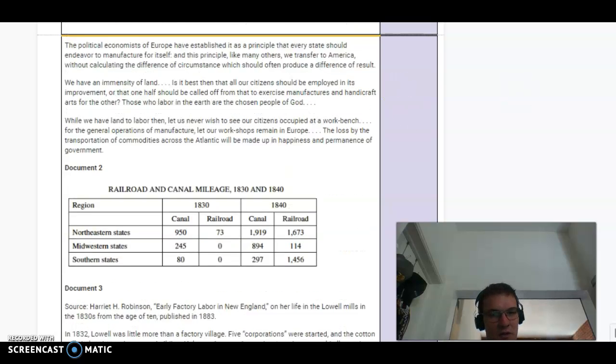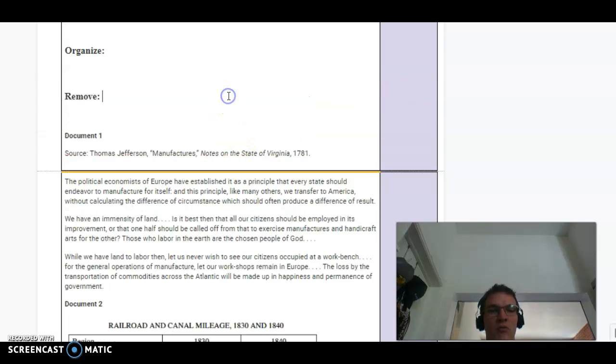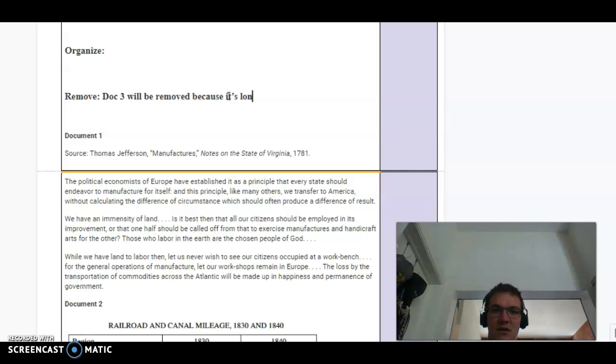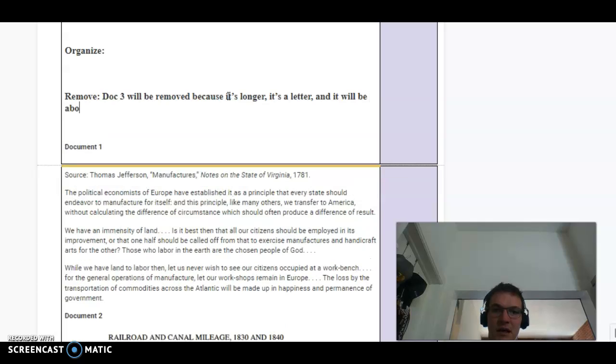I don't quite know what the chart's about yet, but document 3 will be removed because it's longer, it's a letter, and it will be about factory girls, not about getting new land or expanding to the west and using it.